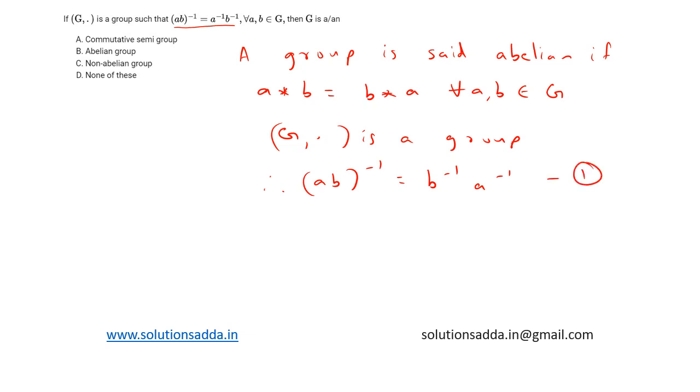This is point number 1. It is given that AB the whole inverse is equal to A inverse B inverse. This is point number 2. From 1 and 2 we can say that A star B is equal to B star A. So it is abelian. So the correct option here is option B, abelian group.